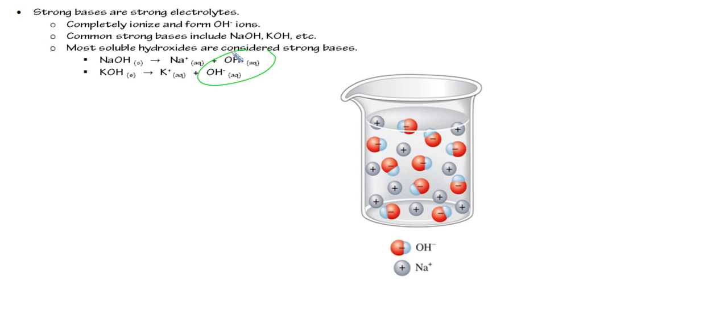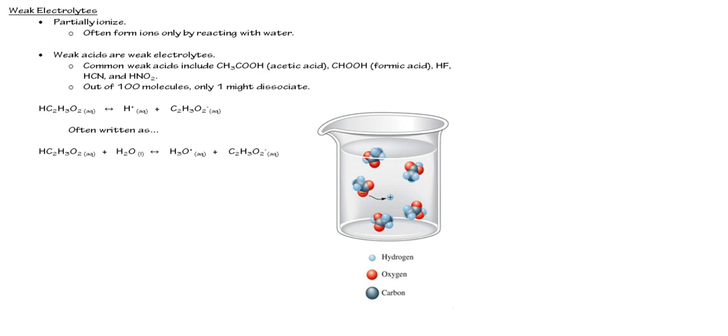Now, there are some weak electrolytes. And again, we mentioned that a weak electrolyte, or something that's maybe only partially soluble, may form some ions, but not 100%. So here are some good examples of weak electrolytes. Weak acids.